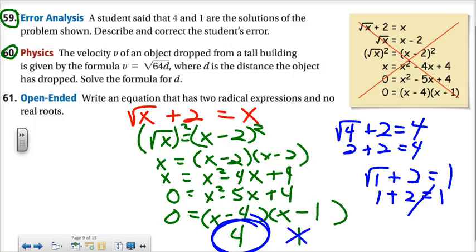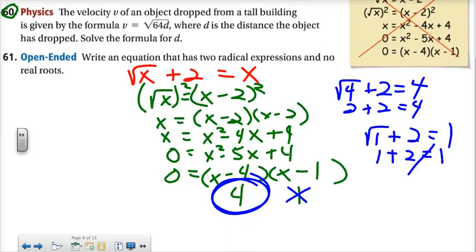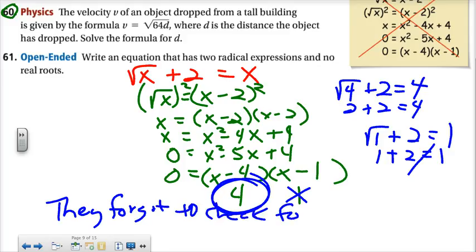And that needs to be what we describe. They forgot to check for extraneous solutions.